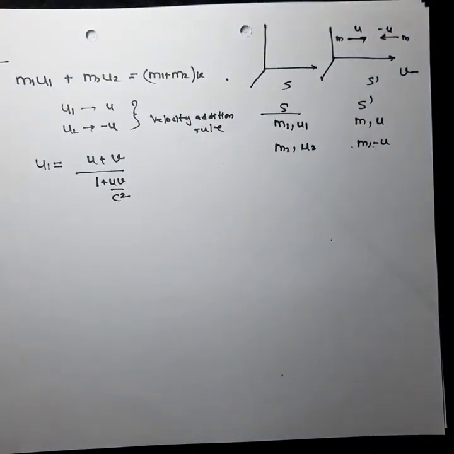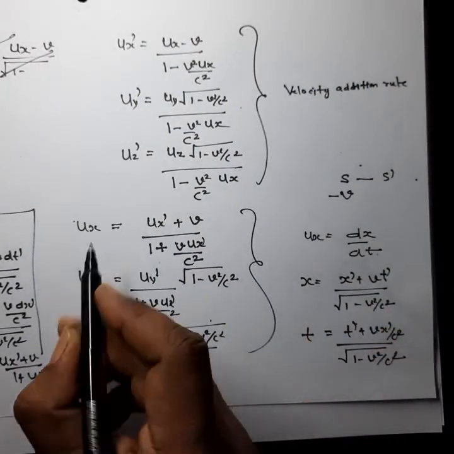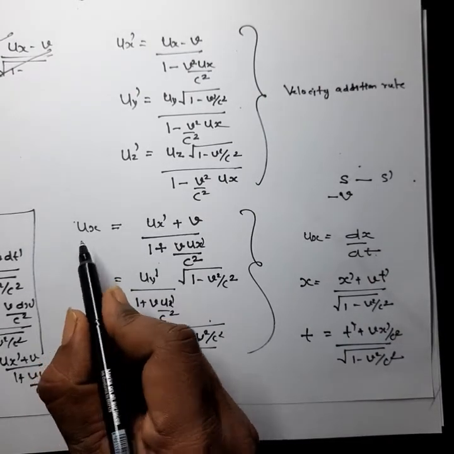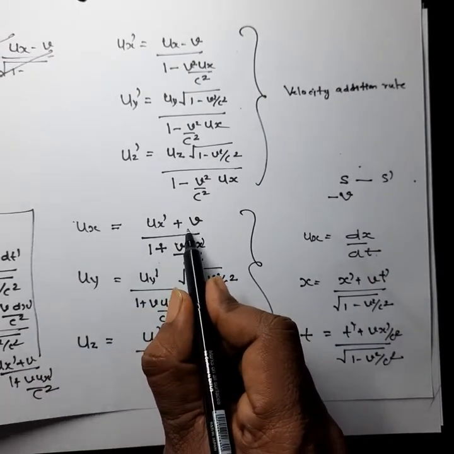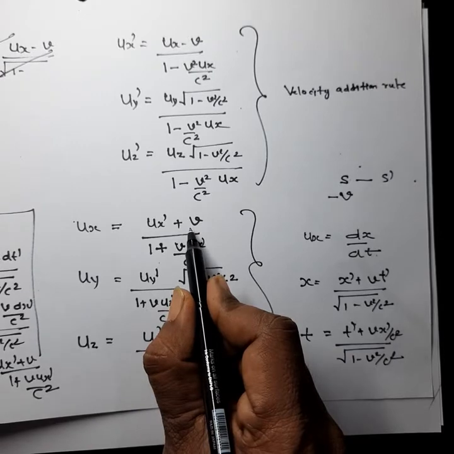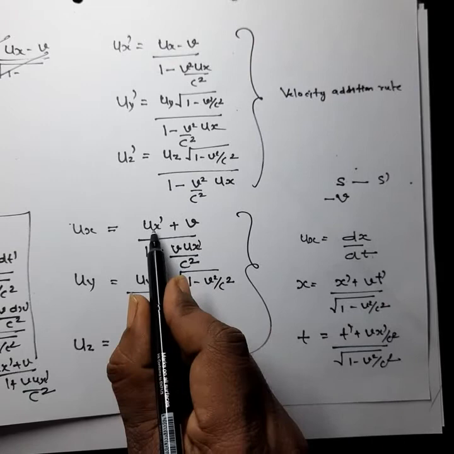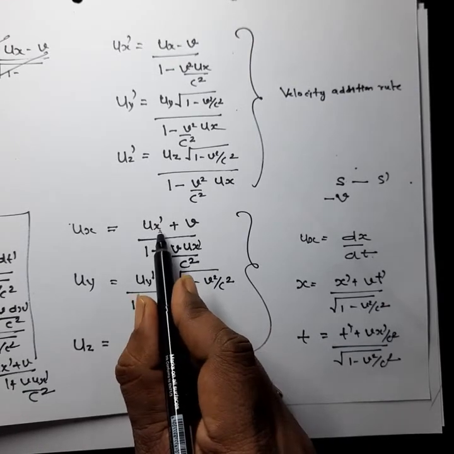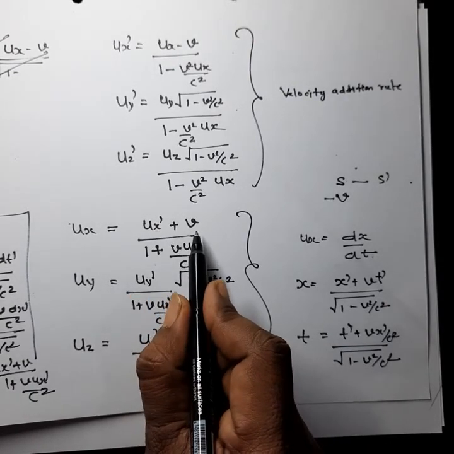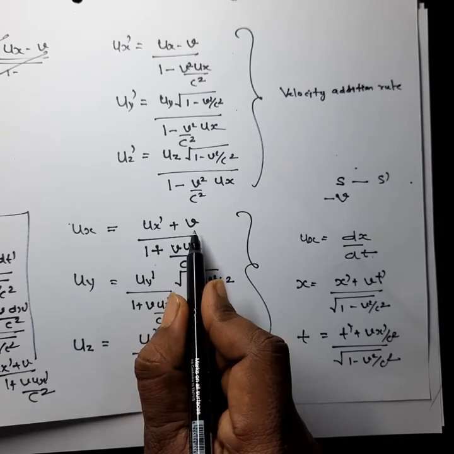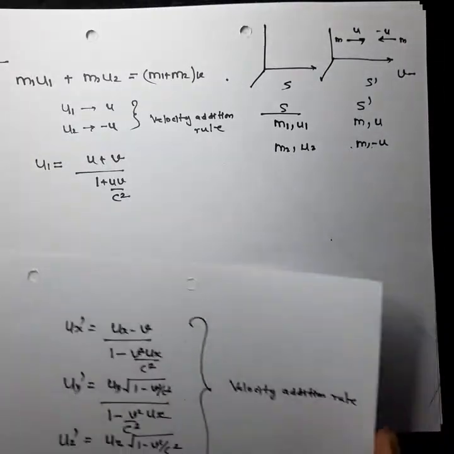So let's see the previous page. This was your velocity addition rule. V was the relative velocity of the observers, and u dash is the velocity component in the S dash frame of reference.